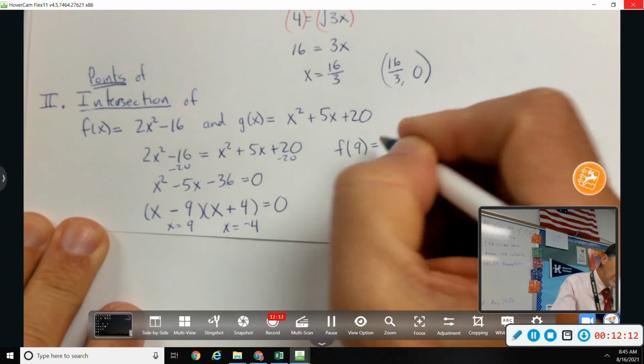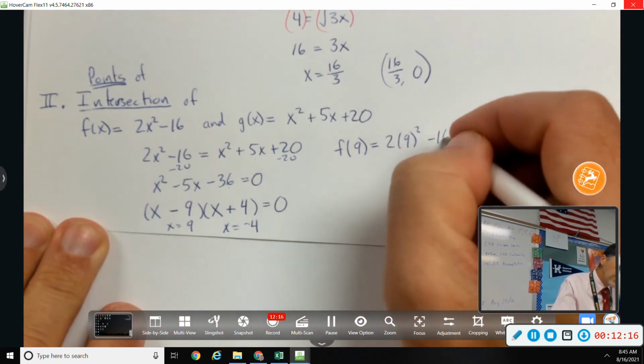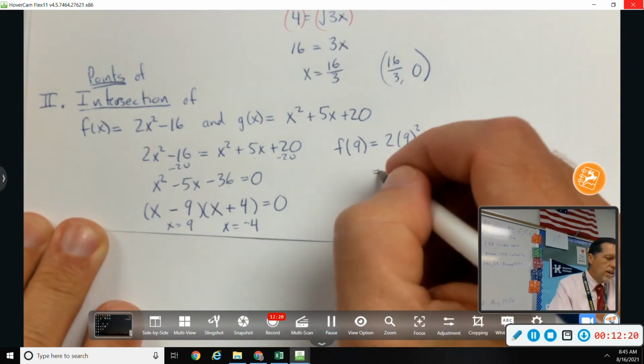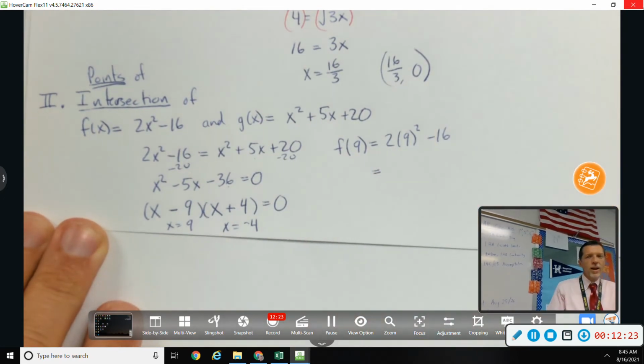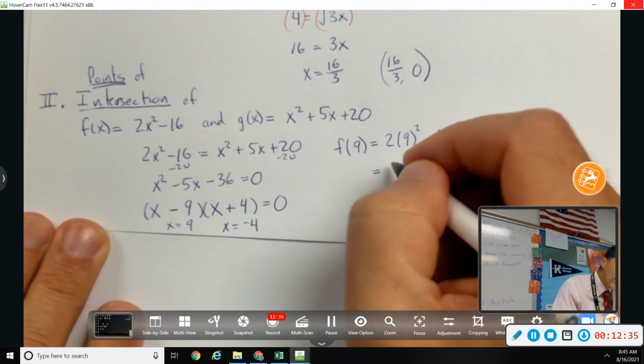f of 9. 2 times 9 squared minus 16. So do I do 81 times 2 or do I do 18 squared? 81 times 2. Right. Exponents before multiplication.